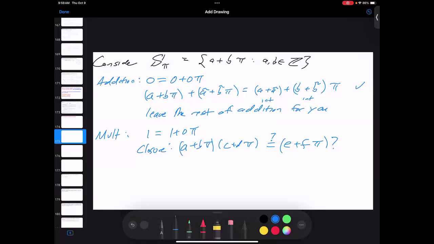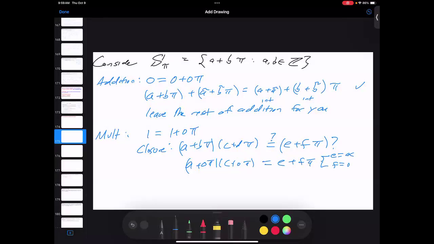Well, if b and d are 0, then you're going to just get a times c. That's fine, then what would f be? Right, so if you did a plus 0 pi times c plus 0 pi, that does equal e plus f pi with e equals ac and f equals 0.